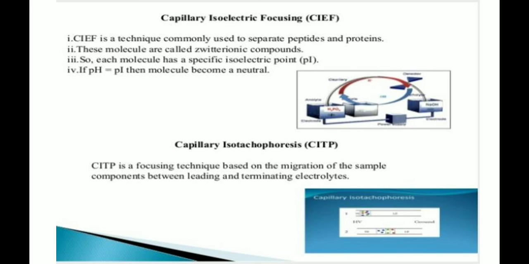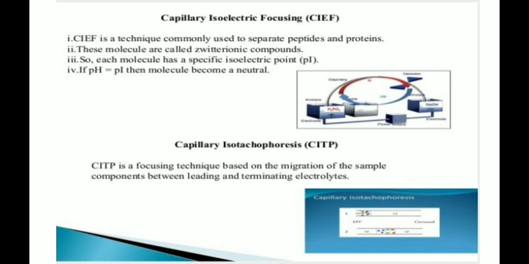Now the last mode, that is capillary isotachophoresis. It is a focusing technique which is based on the migration of sample components between the leading and terminating electrolytes. This is a very simple technique.